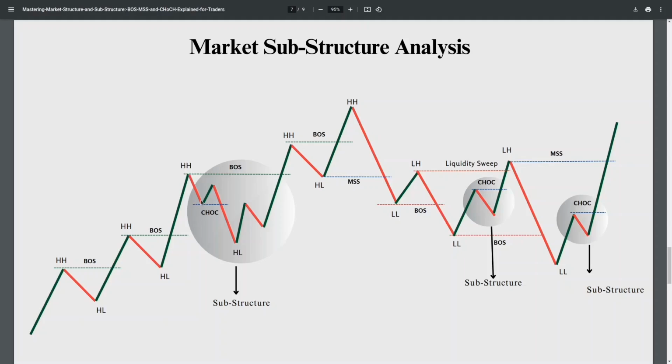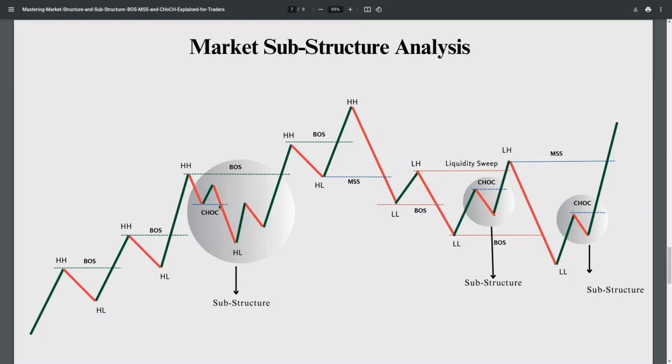But since we have seen a change of character here, which is a potential change in the direction, we can still switch to a lower time frame and trade it as a downtrend.